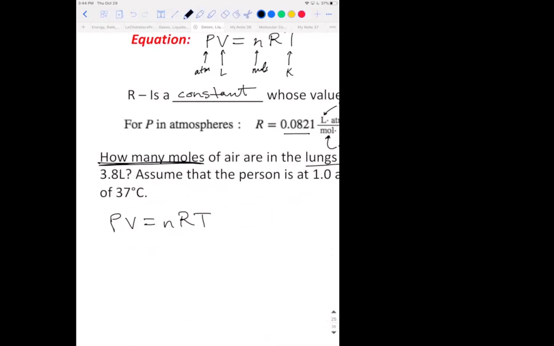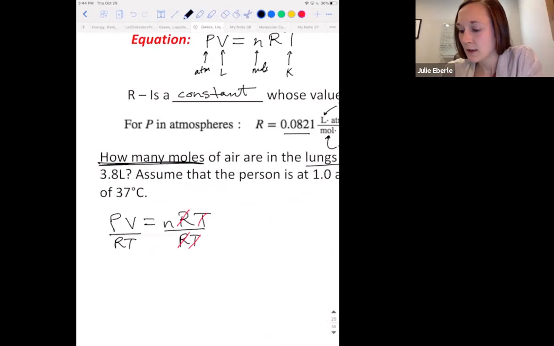Divide both sides by RT. See that? Okay. So now we have P times V over R times T equals N.